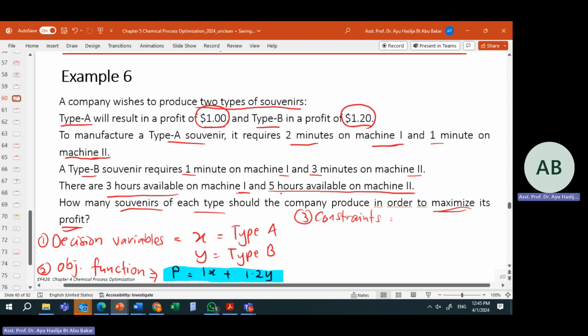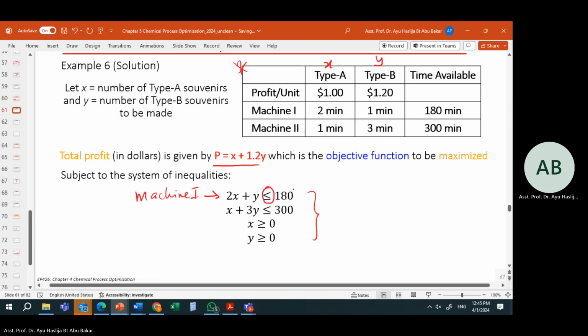That is the max, so the constraint must be lower than this. This is 3 hours, and this one is 5 hours. So develop the constraint equation for each machine.